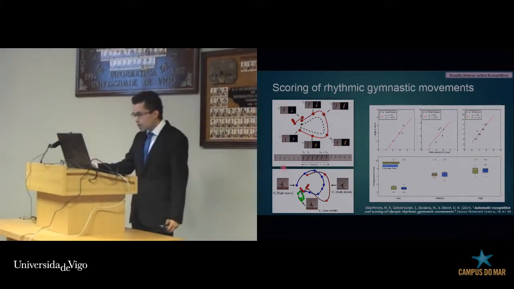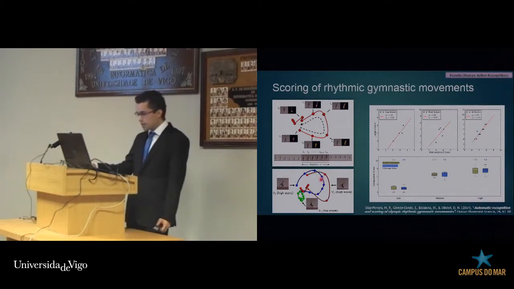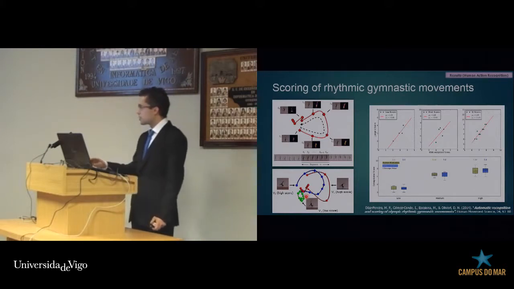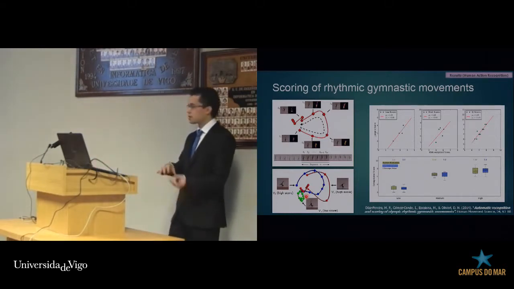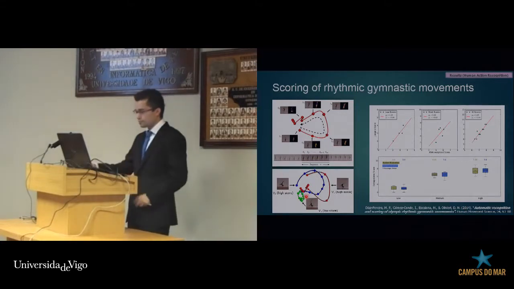You can see two videos of people doing a walkover, two girls that have high scores by the experts. You can see that the trajectories are really similar, and for one girl that obtained a low score, the trajectory is completely different. So you can see that in that space you can distinguish very well different actions, and not only different actions, you can also distinguish the quality of the same action.